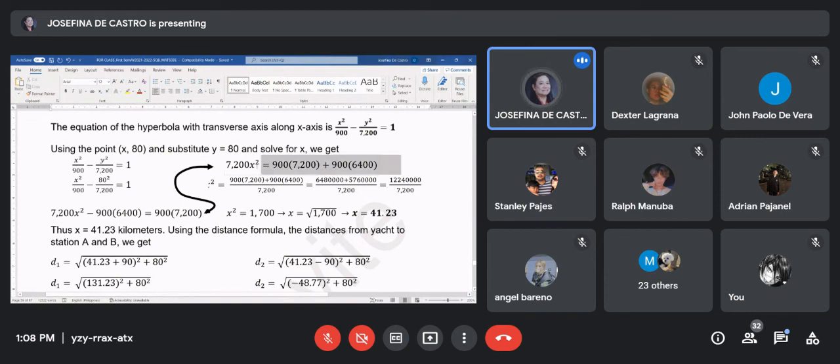Okay? And then sinolve natin. Therefore, x squared is equal to, ito na po, natuto po mag-simplify. So, lumalabas si x ay equal sa 41.23.